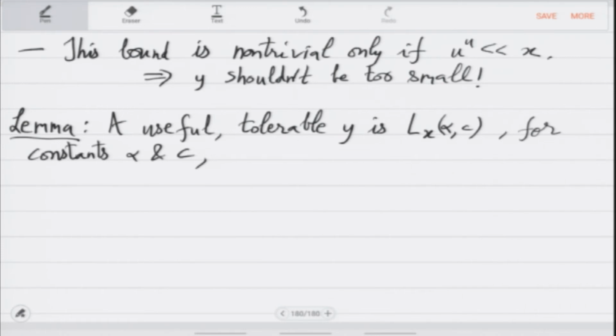So x is the variable. If you take alpha, c to be absolute constants, then for this y equal to L_x(alpha, c), this de Bruijn estimate will be good.